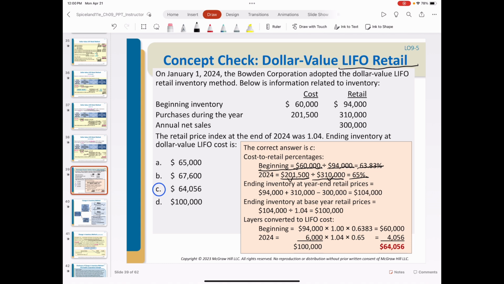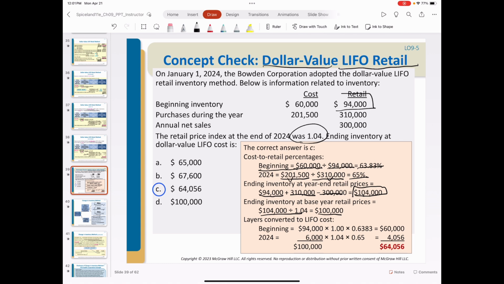Then beginning balance of inventory at retail plus purchase at retail subtract sales. So 104 is the retail value of ending inventory. Since we use dollar value LIFO, this 104,000 should be divided by the price index in the current year and converted to the value at base year.